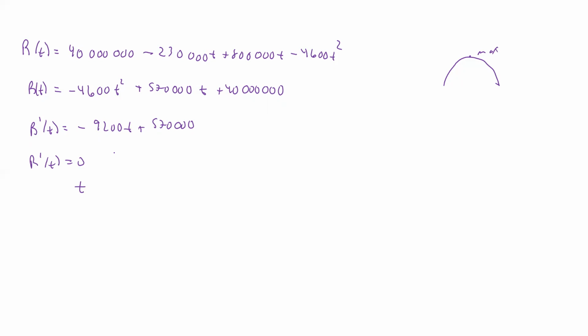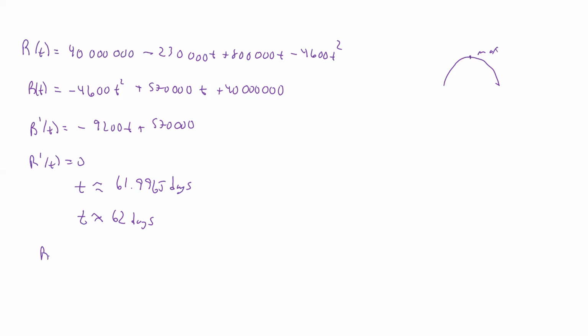And so that's going to give us t is approximately 61.9965 days. Well, we're not going to do partial days, so let's say t is approximately equal to 62 days. So that is going to be the number of days. And again, I know because I have the negative here, it's going to be a max. It's going to go up and come back down. And so at 62 days, that's where my max is going to be.